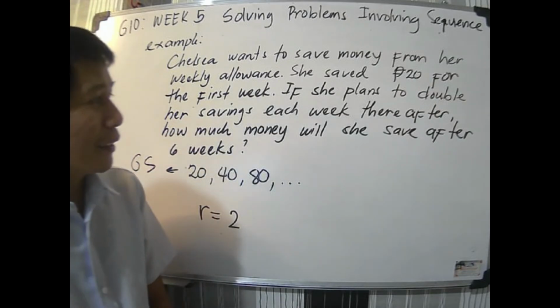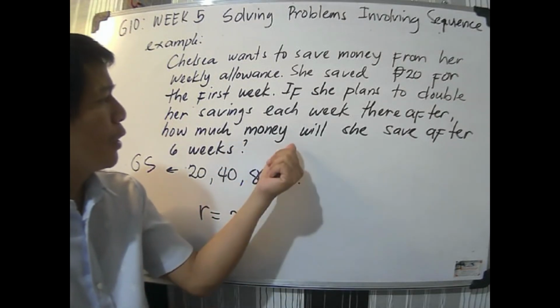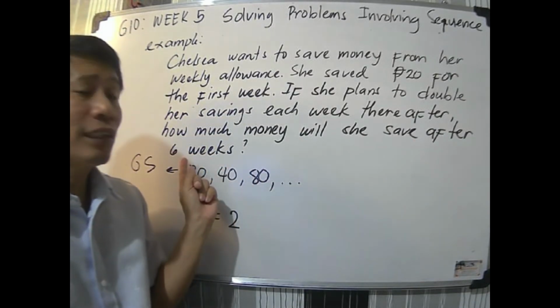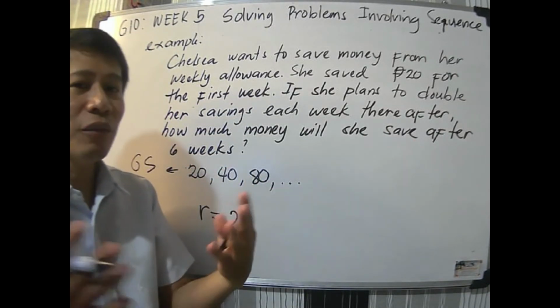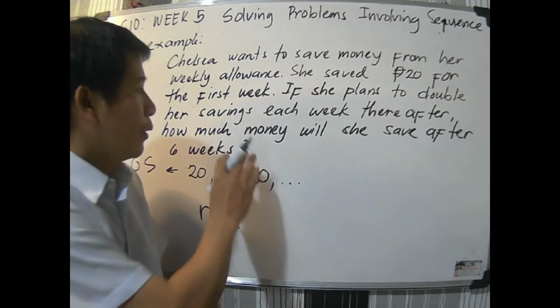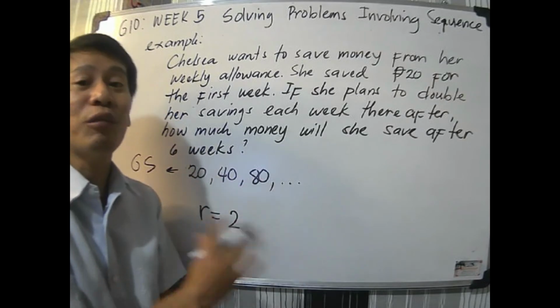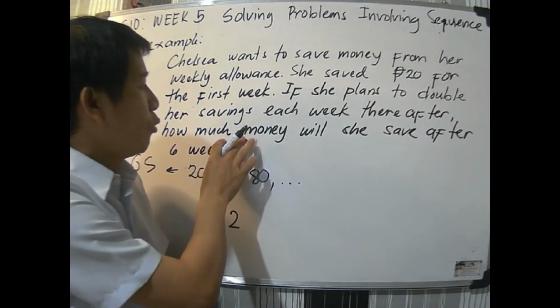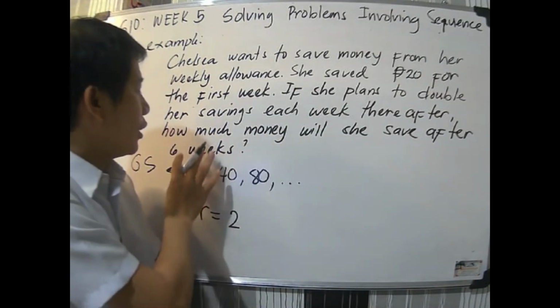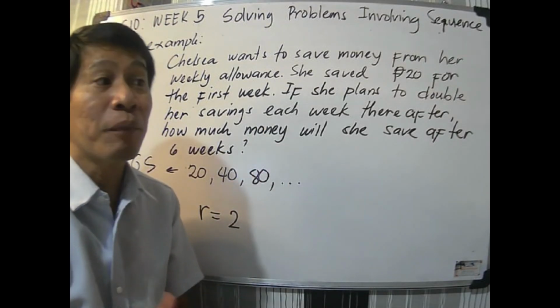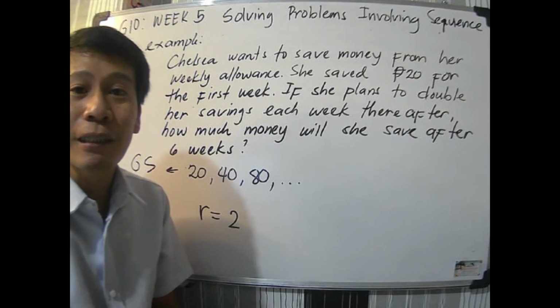Okay, ano ba ang tinatanong in the problem? Sabi dito, how much money will she save after 6 weeks? So, take note ha, ang hinahanap, total amount of money na masisave niya after 6 weeks. So, yung how much money will she save after 6 weeks, that refers to the total amount of money after 6 weeks.